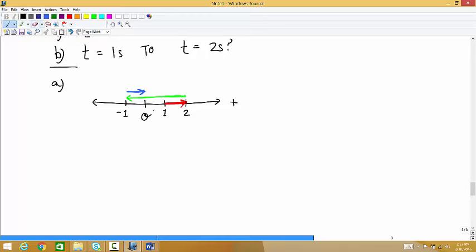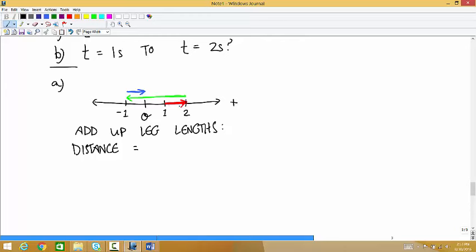And now we're just going to add up the lengths of these legs. We don't care about direction anymore. And so what's the length of the red leg? So the distance is from 1 to 2.